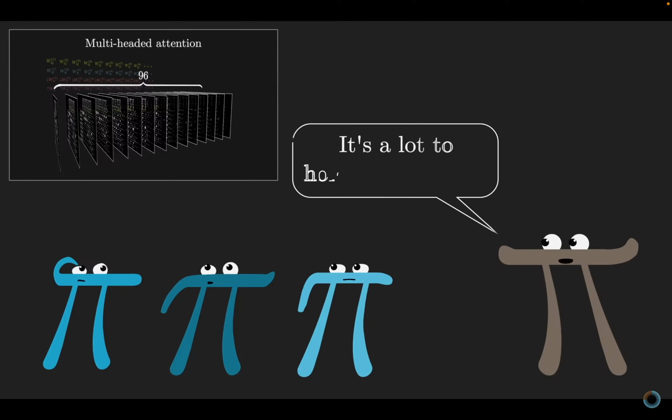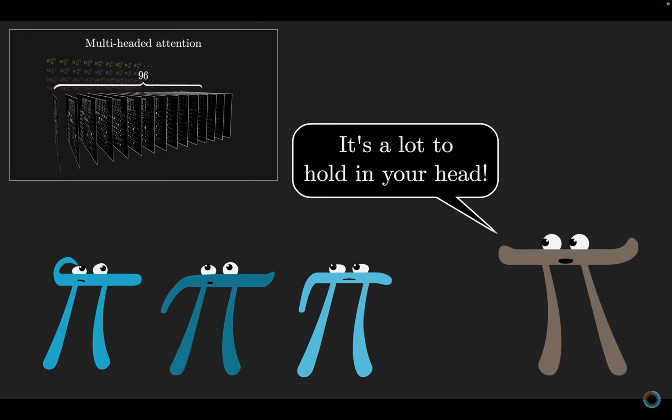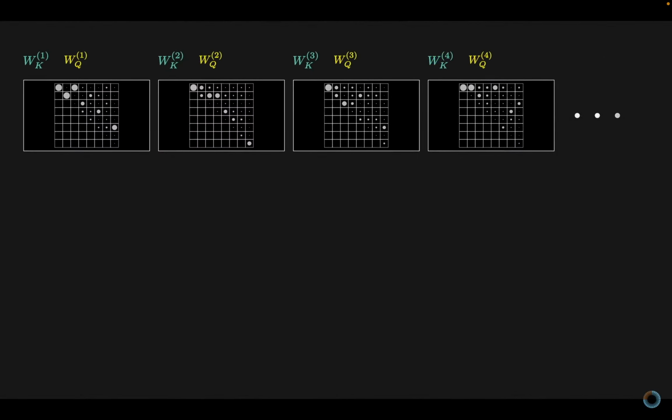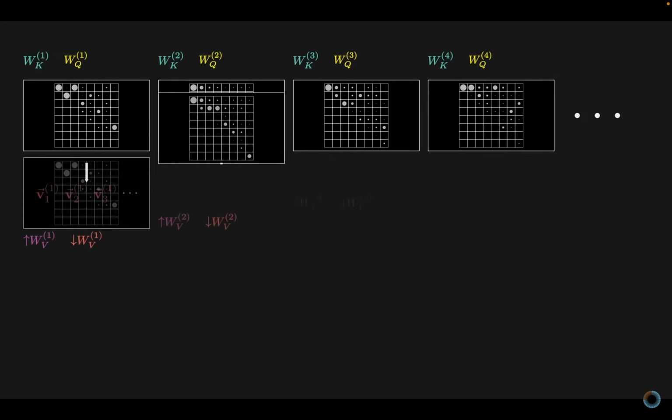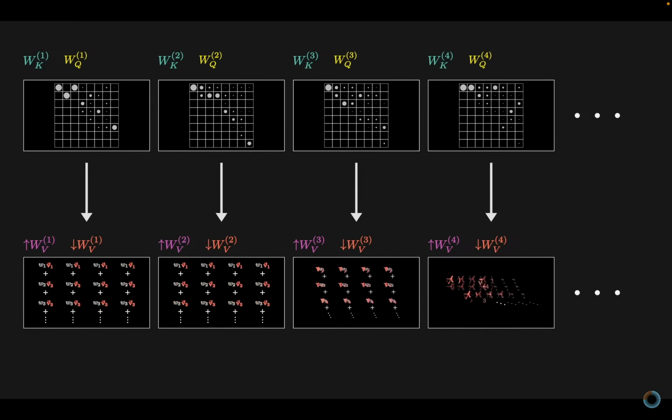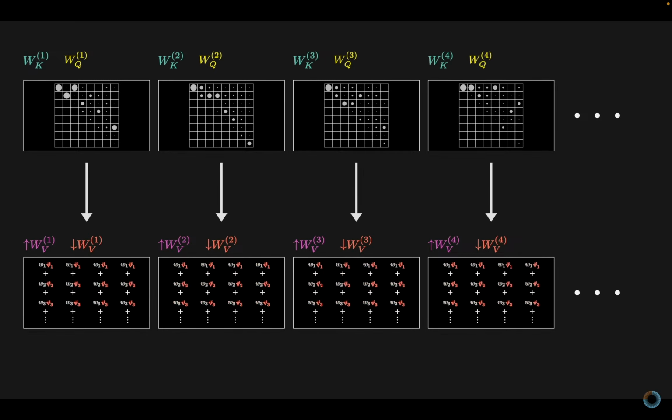Considering that each one is already a bit confusing, it's certainly a lot to hold in your head. Just to spell it all out very explicitly, this means you have 96 distinct key and query matrices, producing 96 distinct attention patterns. Then each head has its own distinct value matrices, used to produce 96 sequences of value vectors. These are all added together, using the corresponding attention patterns as weights.